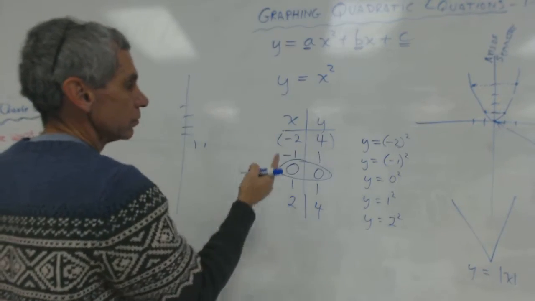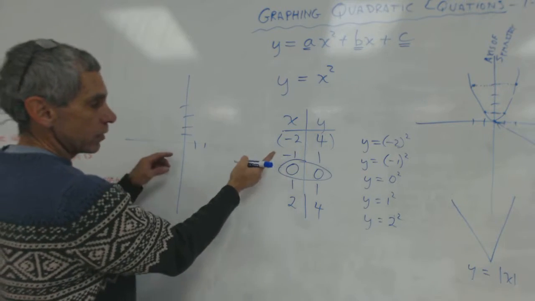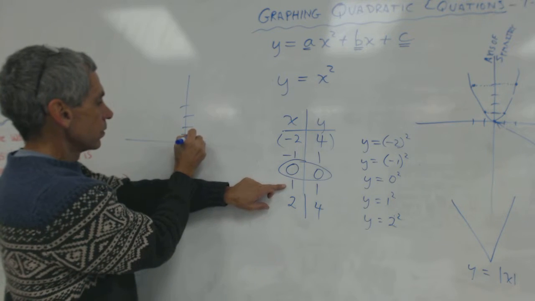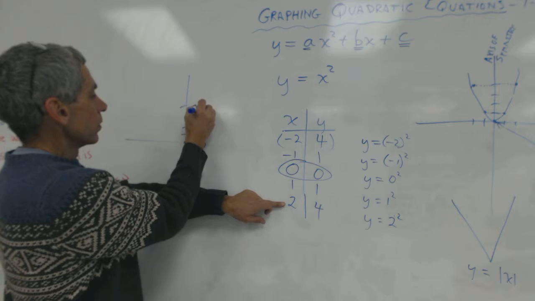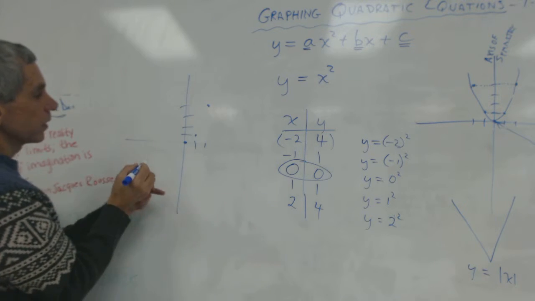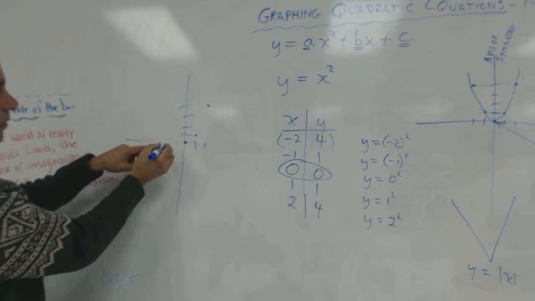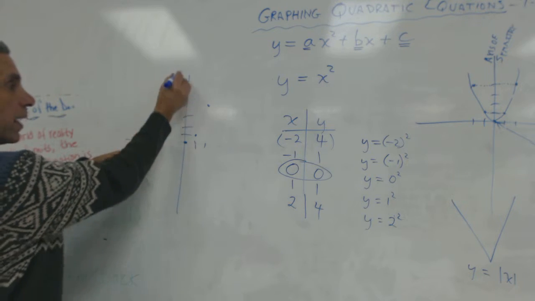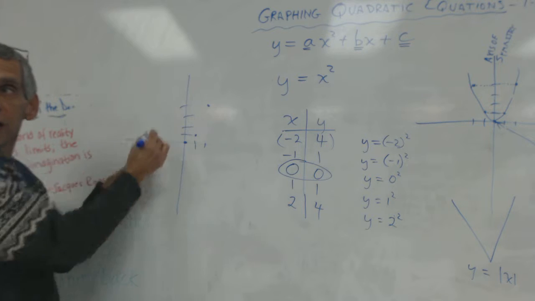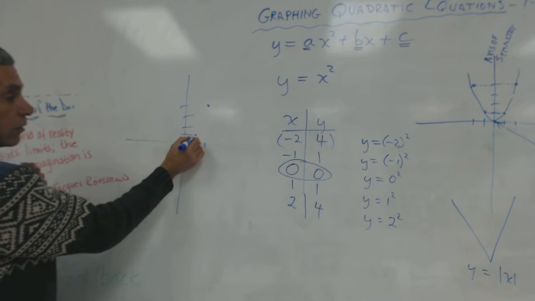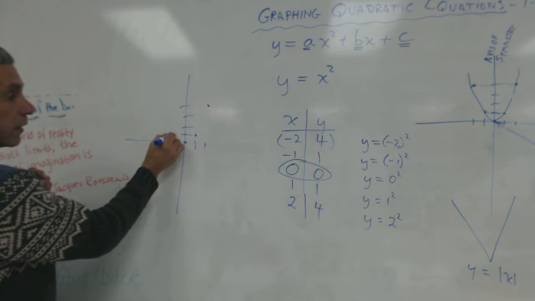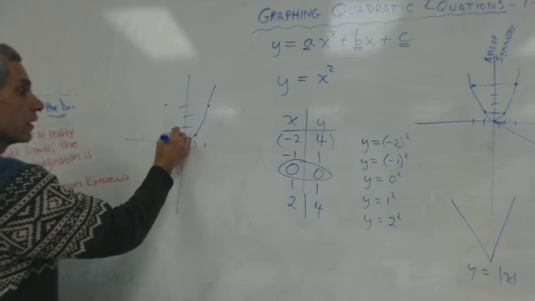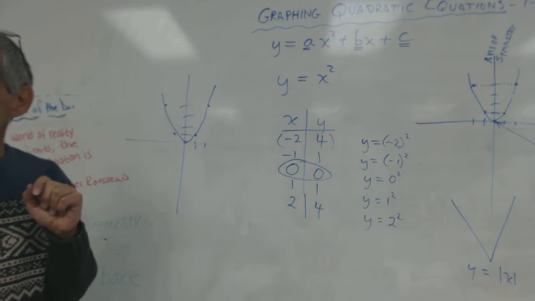I could just plot 0, 0, 1, 1, 2, 4, and then I know this is my vertex, therefore this is over 1 from my axis of symmetry. My axis of symmetry is always the vertical line that goes through my vertex. So I could have immediately gone over 1 again, over here. Over 2 again, over here, and I could draw it like that. Make sense? You see that?